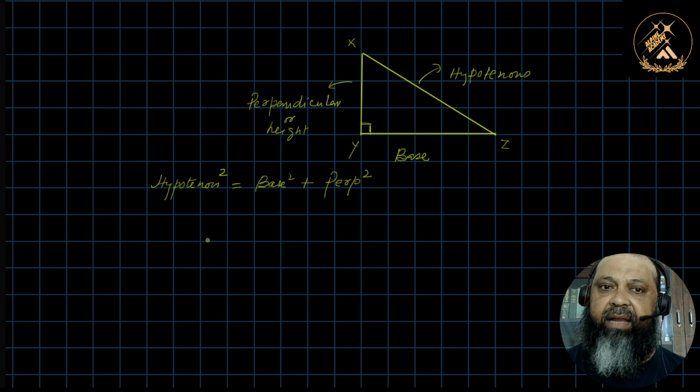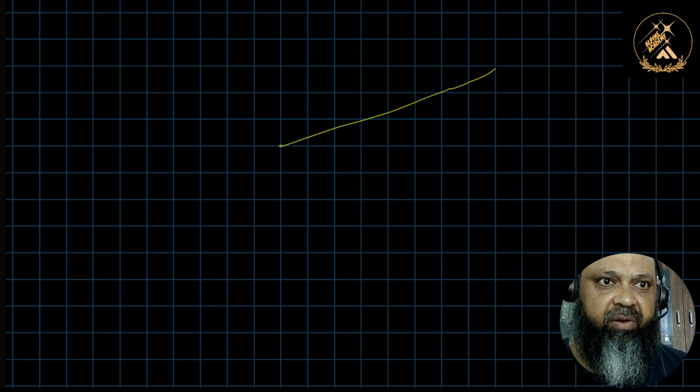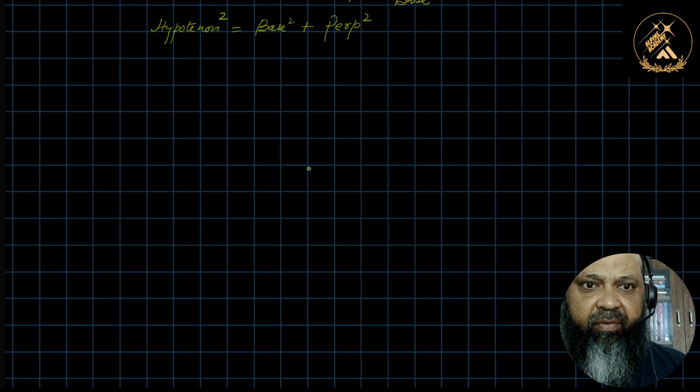That is the way we can find any one of them. Now, after knowing these two things, let's see how we can find the distance. Suppose I give you 2 points at different locations with a line between them. I would like to draw that again here.